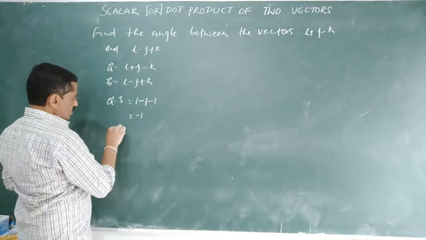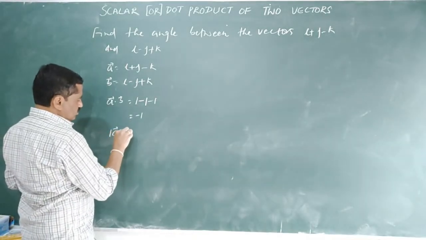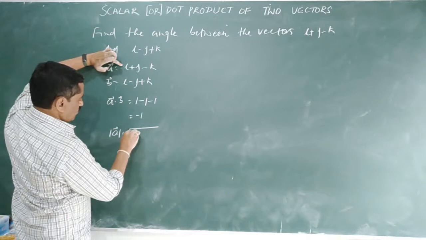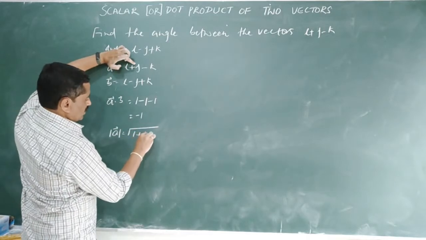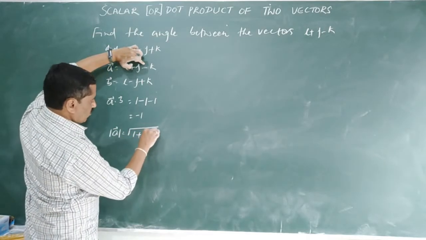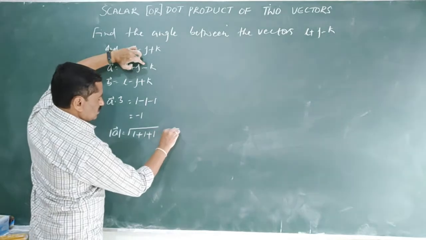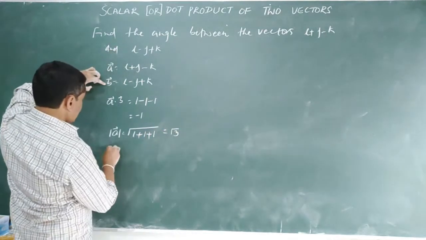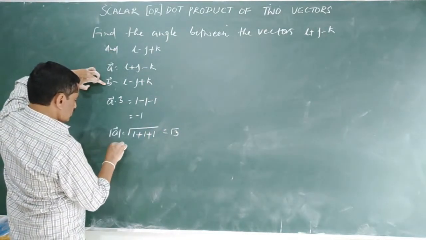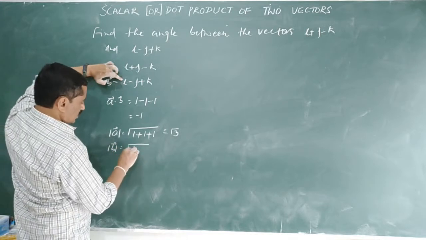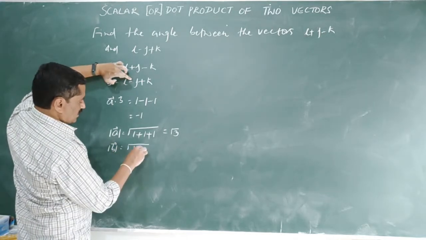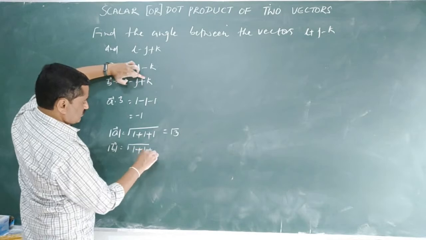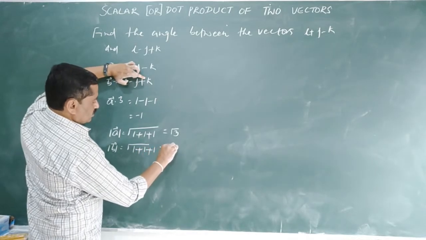Next, the magnitude of a bar is equal to square root of 1 square, 1, plus 1 square, 1, plus minus 1 whole square, we have 1, that is equal to root 3. Again, the magnitude of b bar is equal to square root of 1 square, 1, plus minus 1 square, we have 1, plus 1 square, 1, that is equal to root 3.